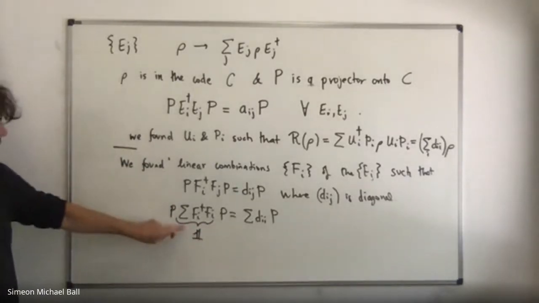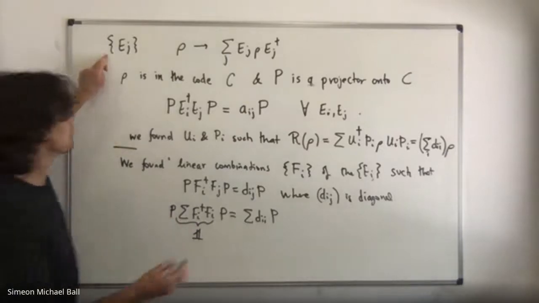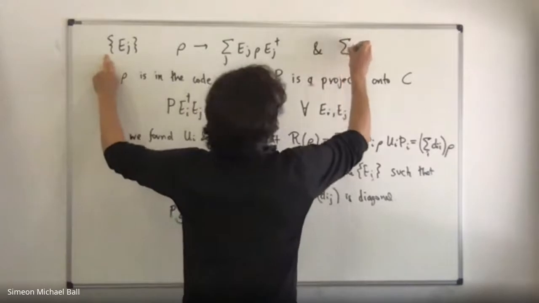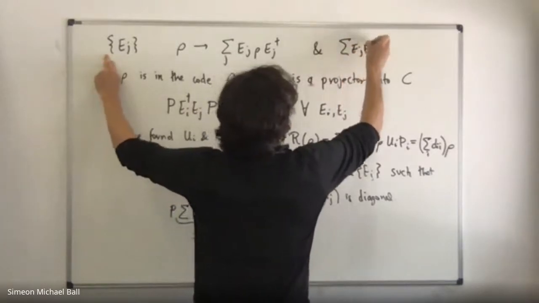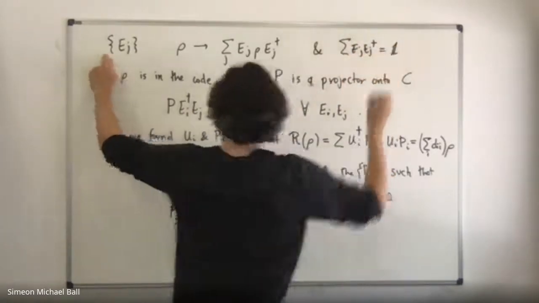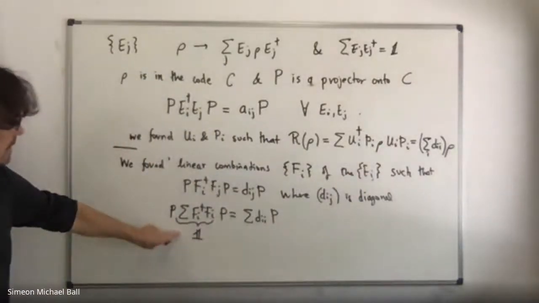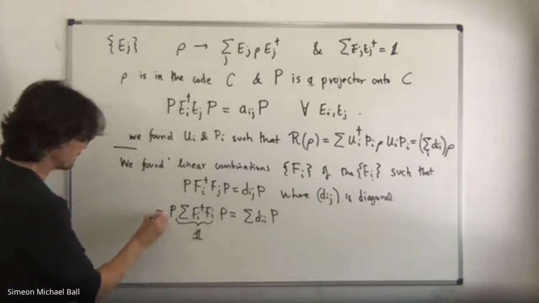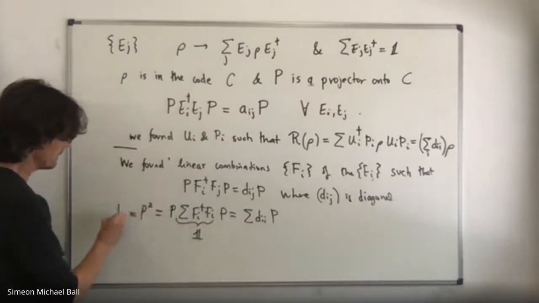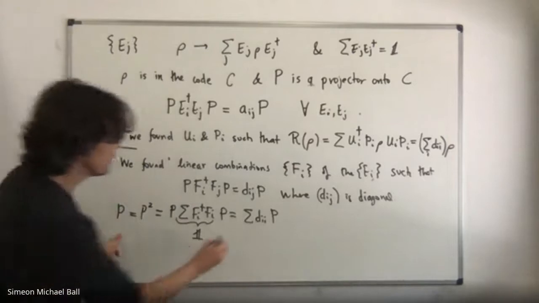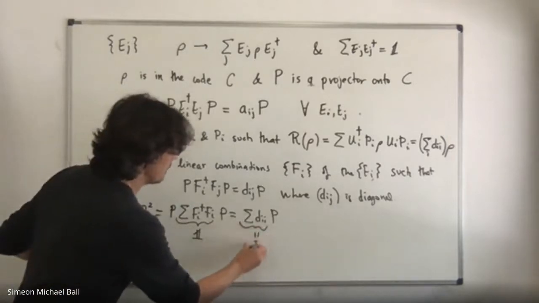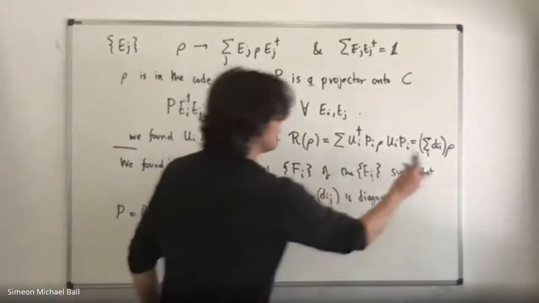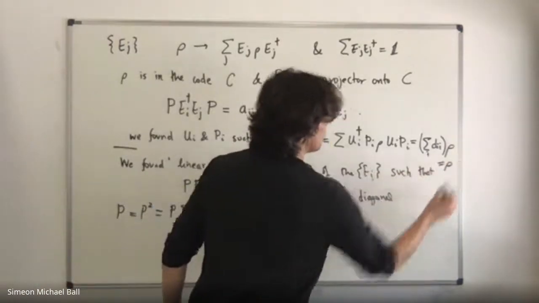So this would be the sum of E_j dagger E_j is the identity. So we have that this is the identity, which means that this is in fact P squared, which since the projector is P, is in fact equal to 1, as claimed by Adrian last time. So in fact it is indeed just rho.